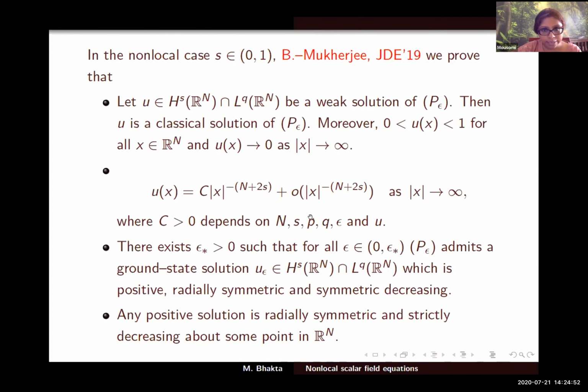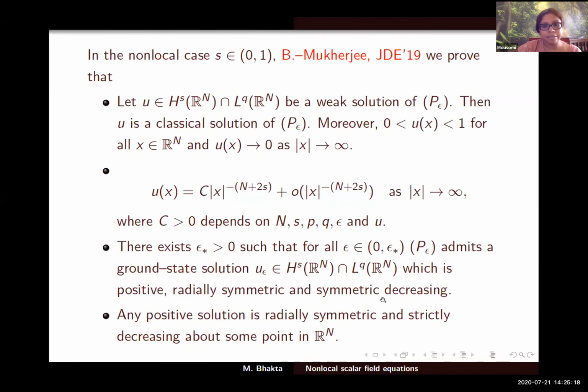And not only that, we have established the exact asymptotic behavior as |x| goes to infinity. And then we have proved the existence of a solution: there is a small value epsilon star such that if epsilon is smaller than that, then it admits a ground state solution. So what is a ground state solution? That is the minimum energy solution.